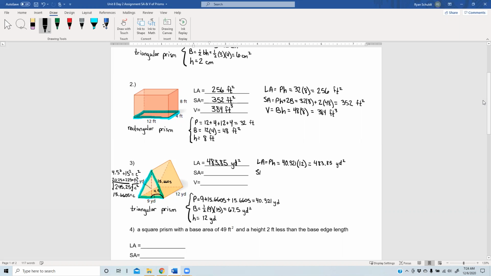Now total surface area, PH plus 2B. So 40.321 times 12 plus perimeter, oh wait, sorry, we've done that. 2 times B is 67.5.